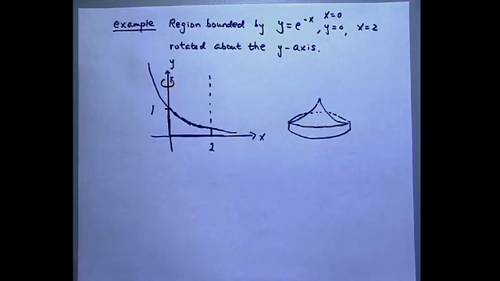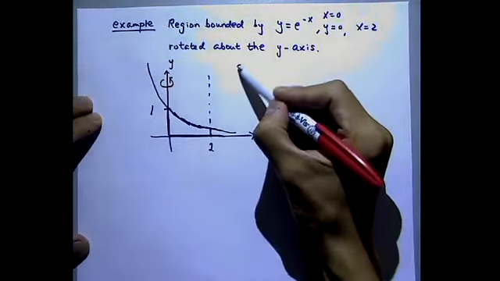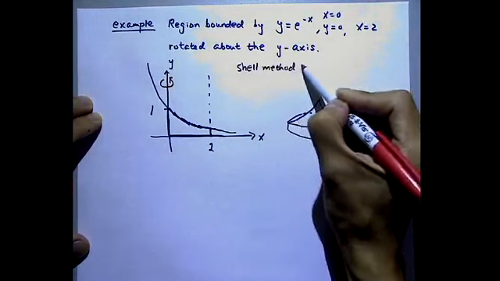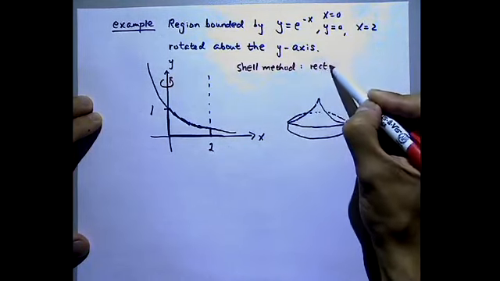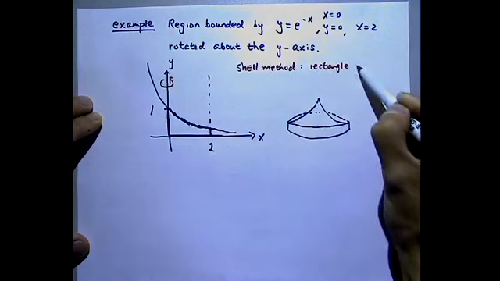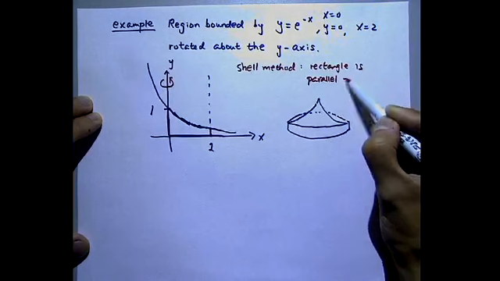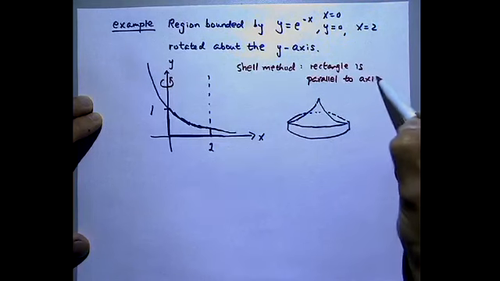Just like the last example, set up one shell and then let integration take care of the rest. Key thing to remember, when you use the shell method, the rectangle you draw is always parallel to the axis of revolution.